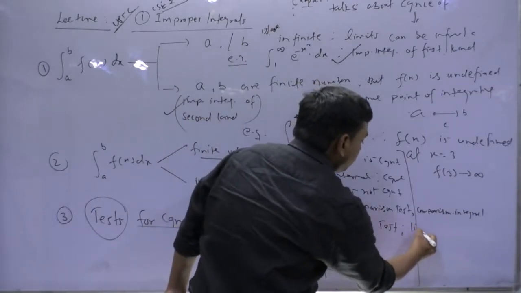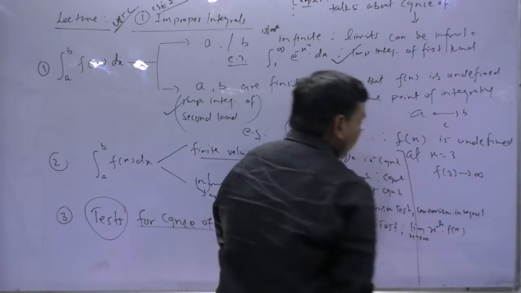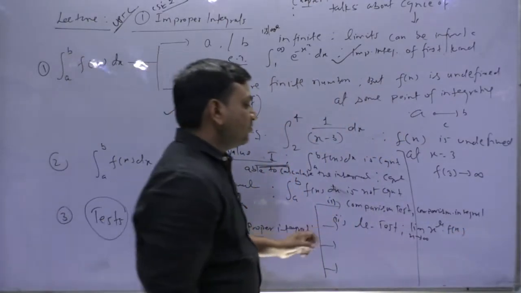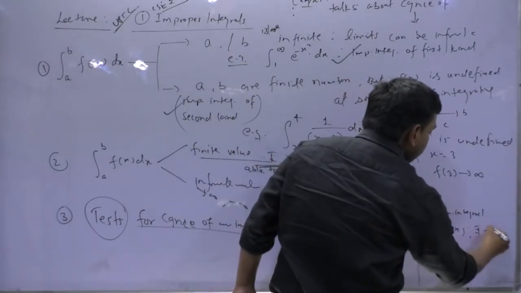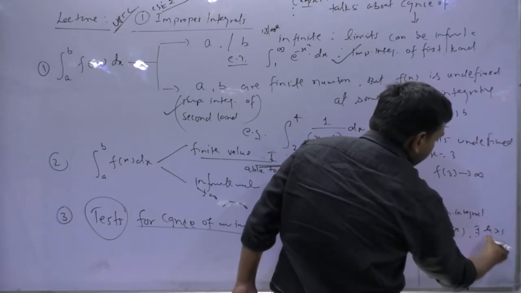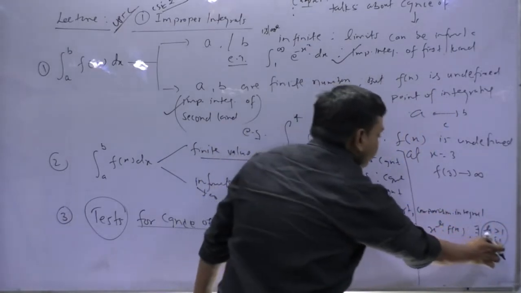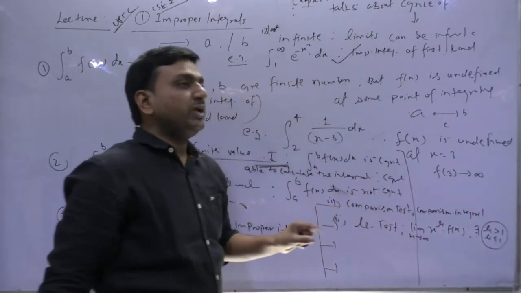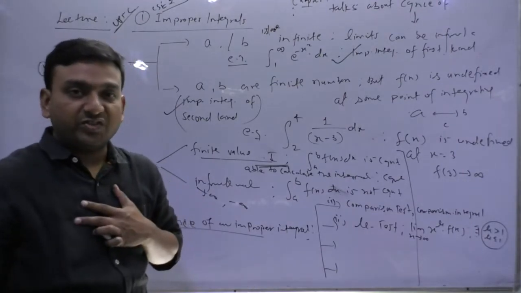In this test we will be calculating something like x raised to the power mu into the integrand. Actually here the target will be whether there exists such a mu which is greater than 1 or less than or equal to 1. Based on this category we can say the integral a to b f of x is convergent or divergent. Is that clear or not?